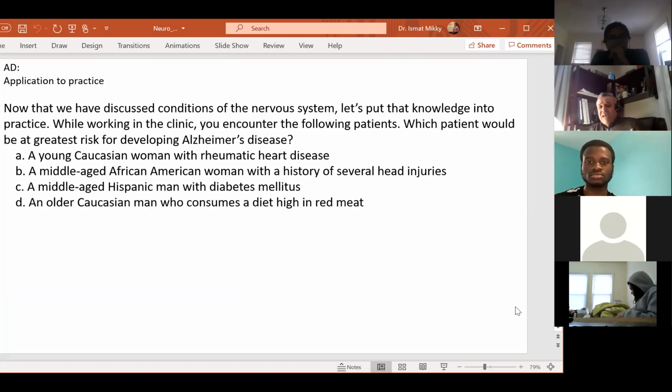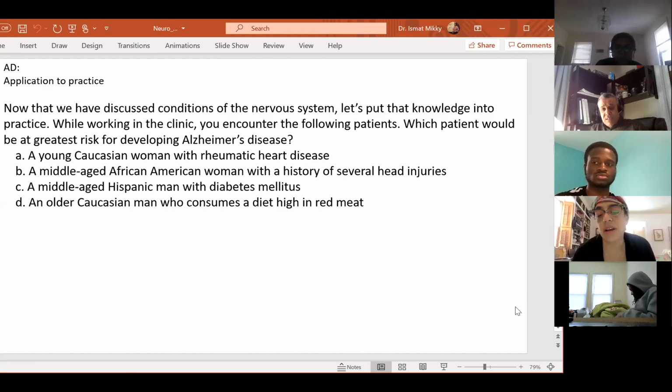So this woman has the highest number of factors among all the rest of them to be at risk to develop Alzheimer's disease. Middle age, so that's the age also. And a female and history of head injuries.